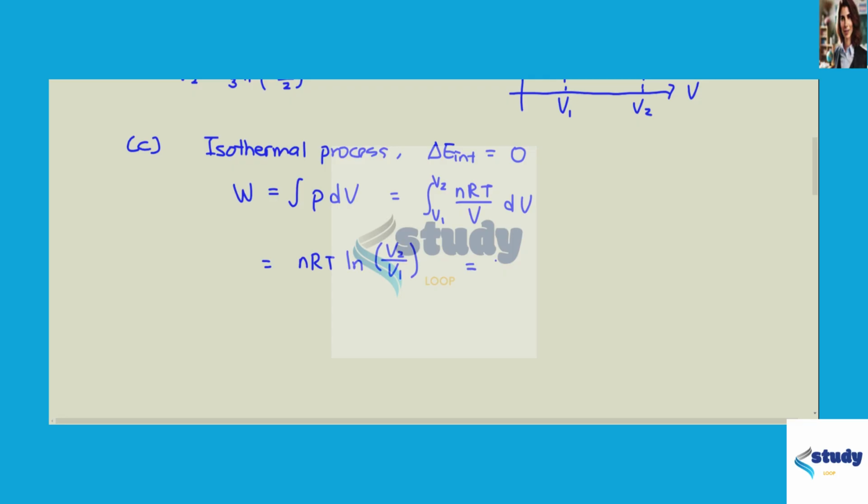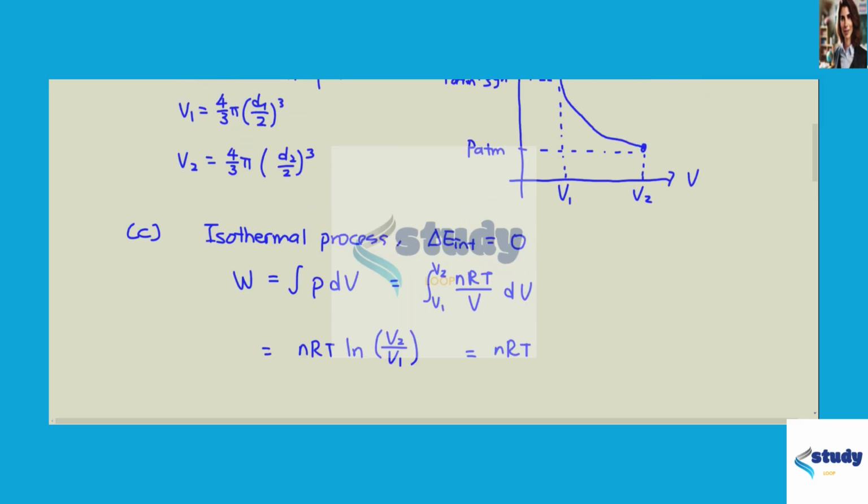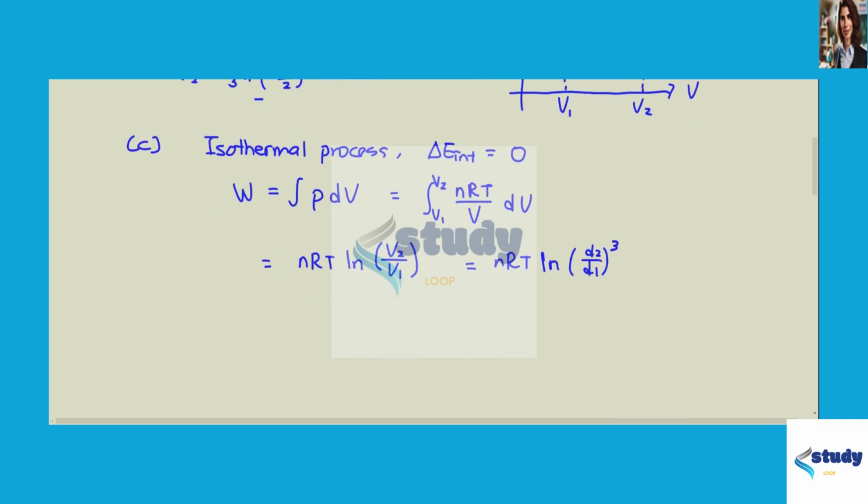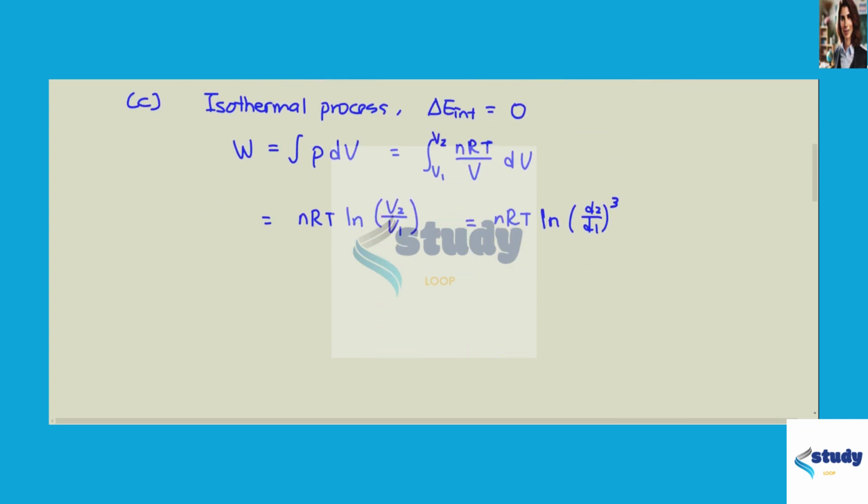The 4/3 pi and the half cube cancel out, so you have the natural log of (D2 over D1) cubed.